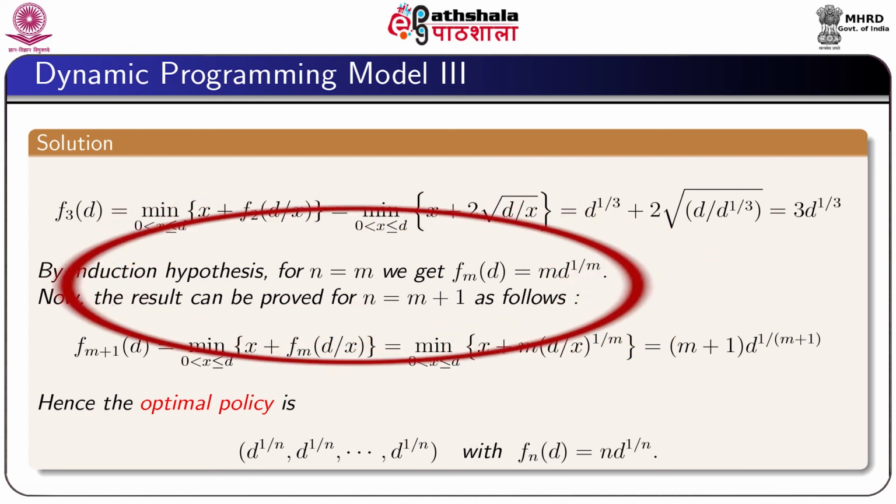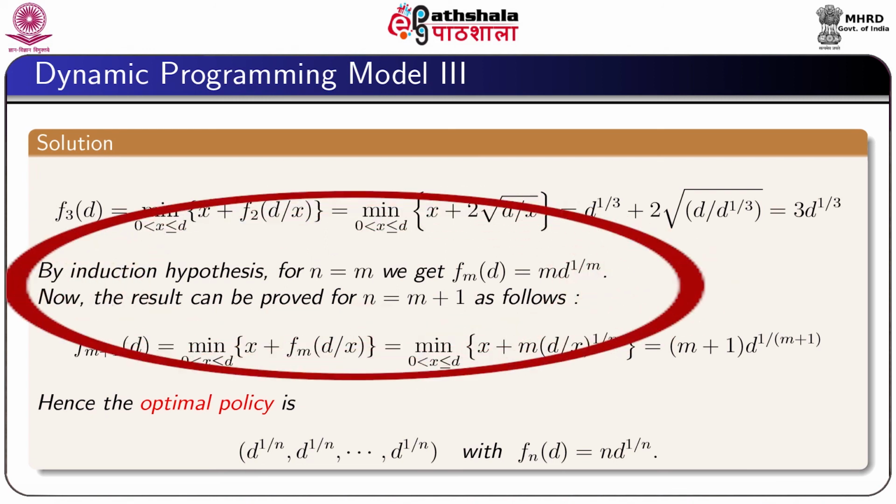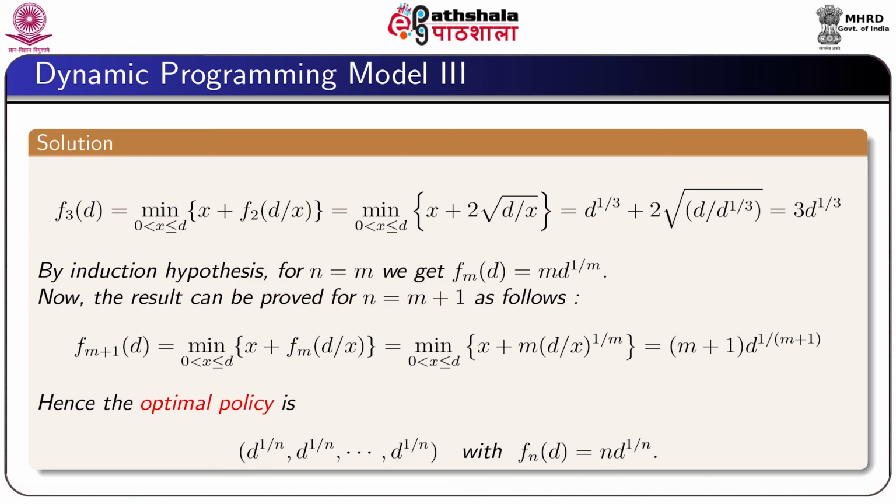By induction hypothesis for n equal to m, we get fm(d) is equal to m d to the power 1 by m. Now, this result can be proved for n equal to m plus 1 as follows.